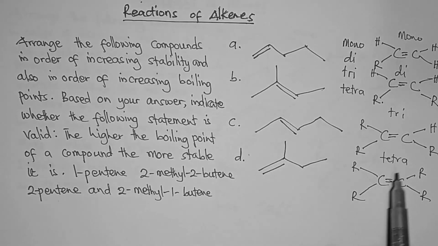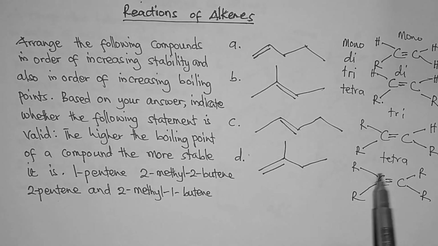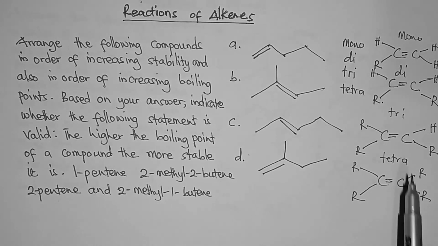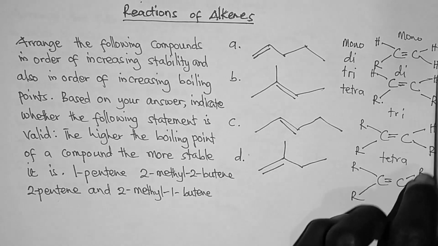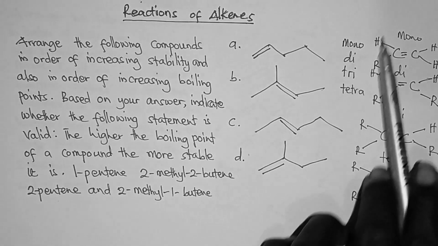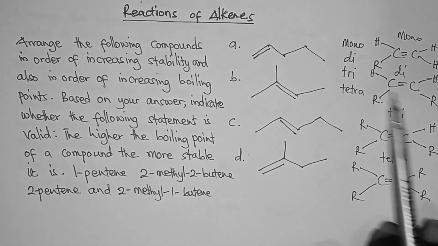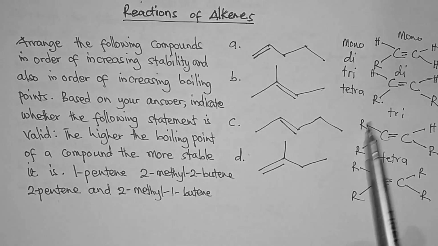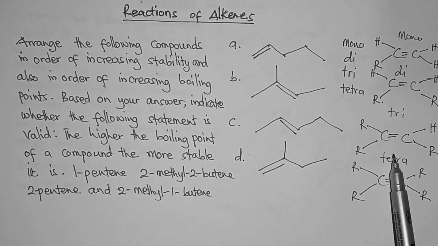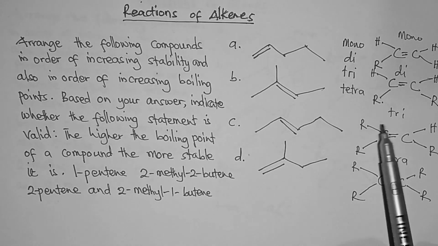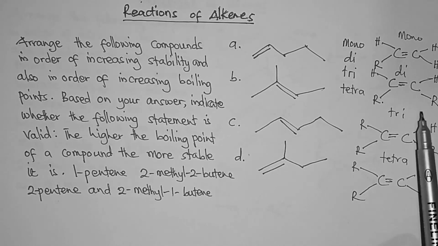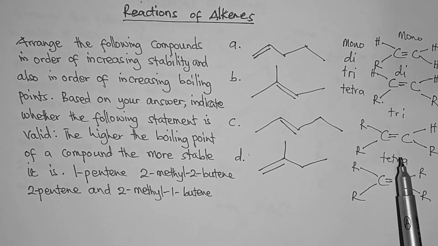The most substituted carbon-carbon double bond is the most stable, and therefore the stability increases in order from mono-substituted to di-substituted to tri and then the tetra-substituted alkene. This is why a non-terminal alkene is more stable than a terminal alkene.